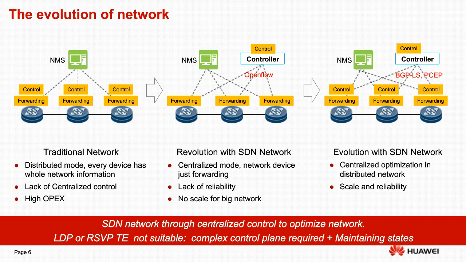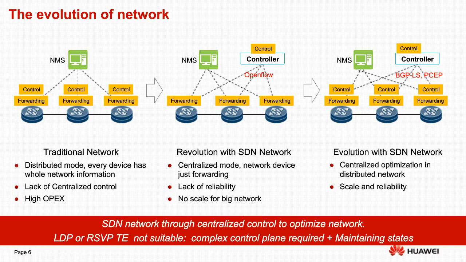Got it. There was a question. Go ahead. Yes. Okay. About this one, maybe I can add some additional information about this reliability issue. Actually, the difference between the second picture and the third picture is that the forwarding device still has some control, just like local convergence.